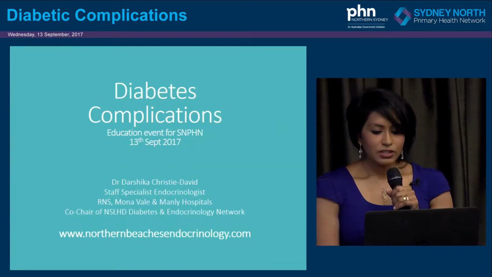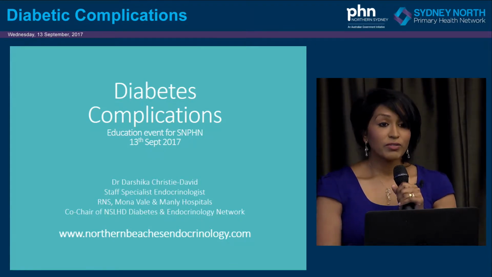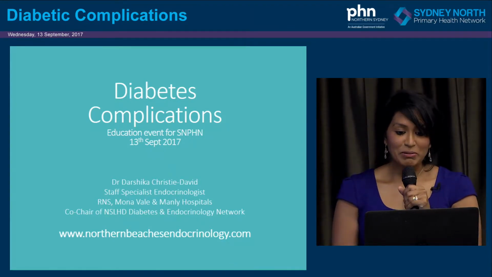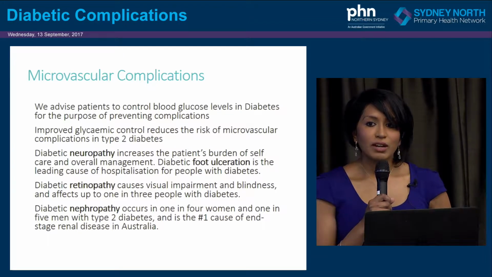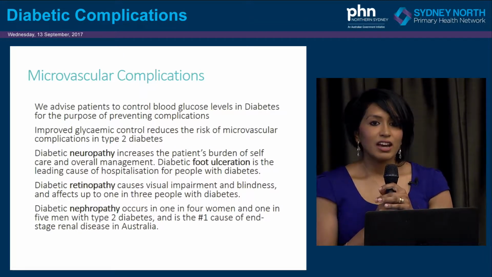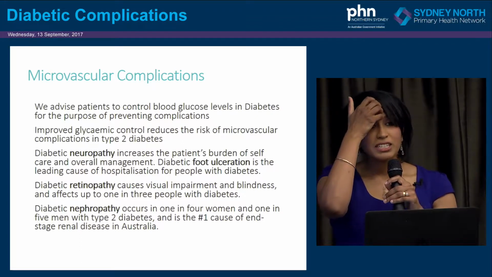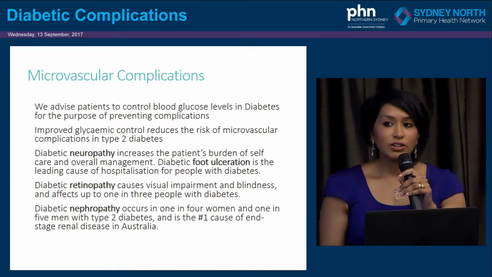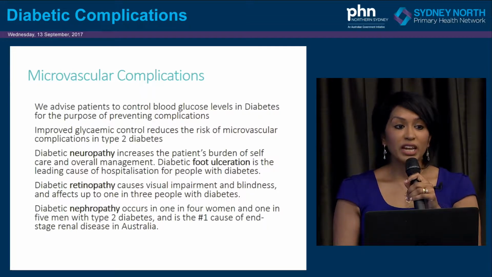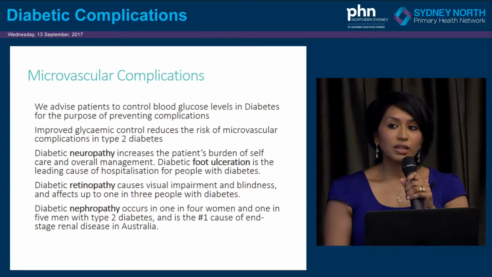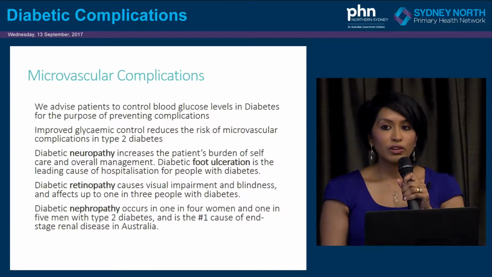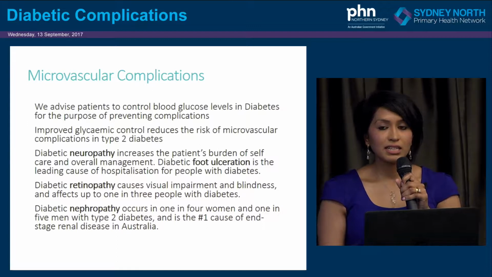I wanted to focus on microvascular complications, and I hope that's okay with everyone. Because we do have a lot of practice nurses here, my approach to type 2 diabetes is that a lot of it should really be managed in primary care and by general practitioners, unless it's something complex that needs an urgent review and sorting out, or if there are complications related to diabetes that need to be addressed.